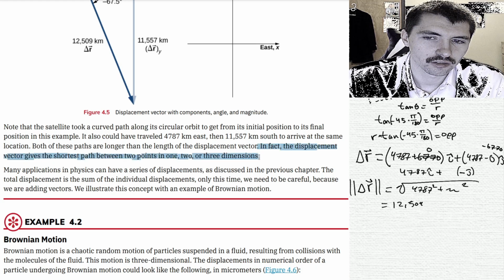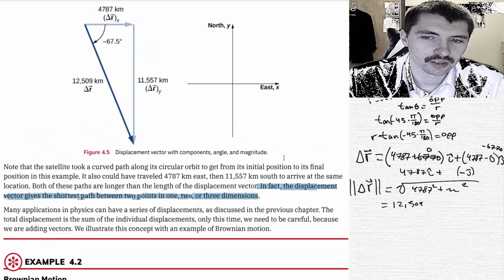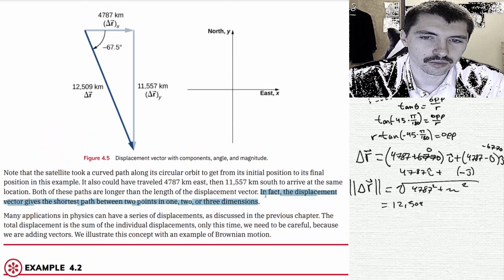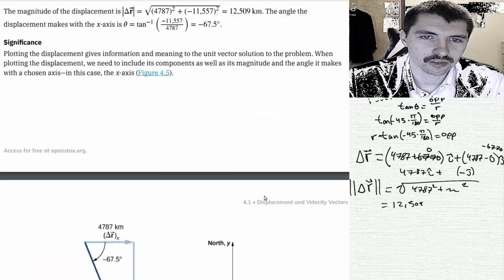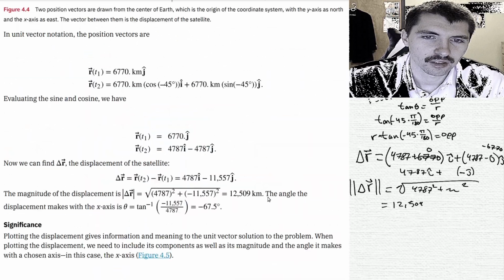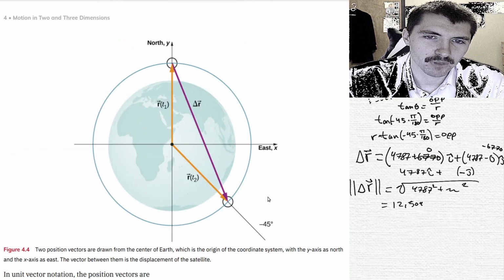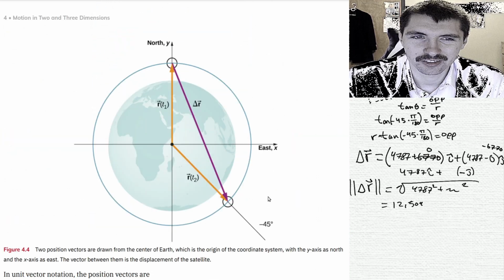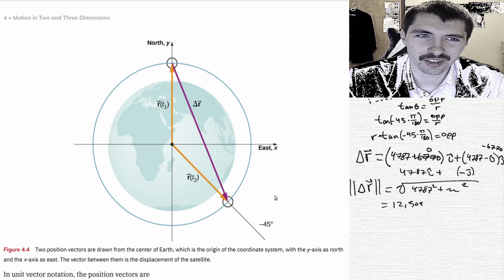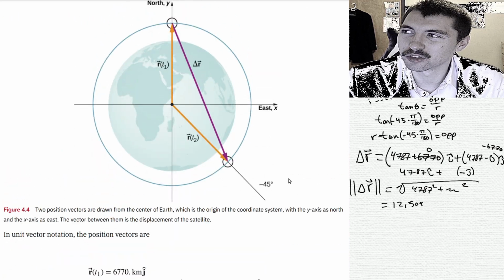So the displacement vector gives the shortest path between two points in one, two, or three dimensions. So that's pretty neat. I don't know, it seems like a pretty two-dimensional problem to me.